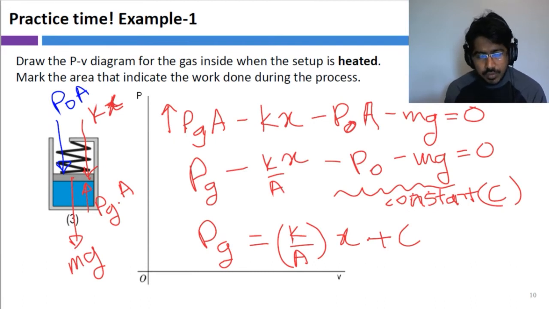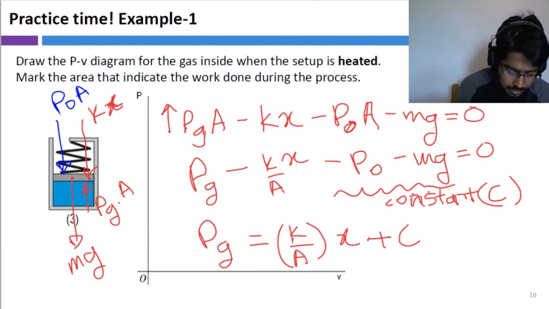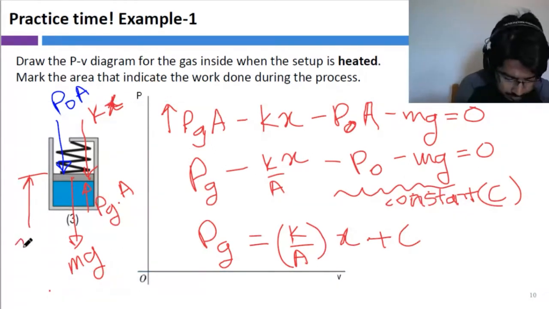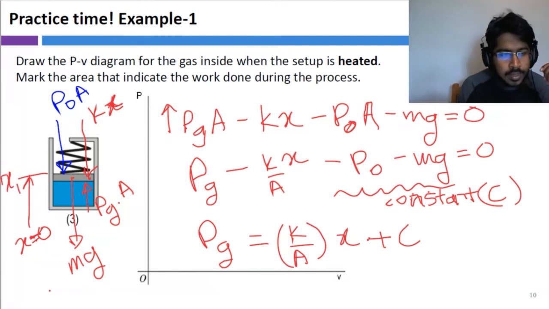Perfect. So we can write an expression for x using volume, right? Let's assume the equilibrium state of the piston is x equals 0 here, and the initial state of the process is x equals x1, right?